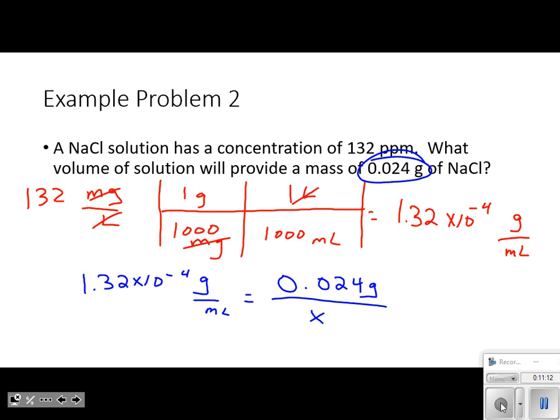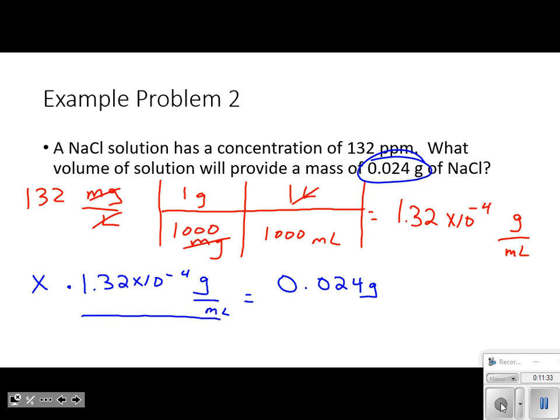So I need to multiply both sides by x. So when I do so, that cancels. My x is right here. So x times 1.32 times 10 to the negative fourth is equal to 0.024.